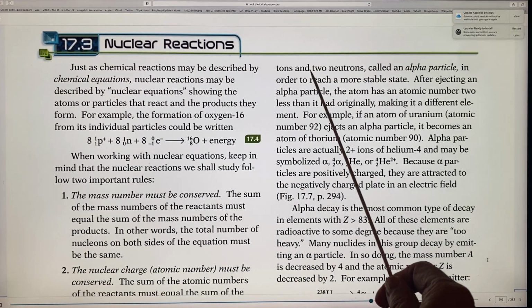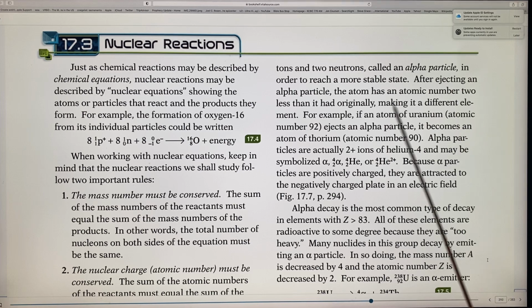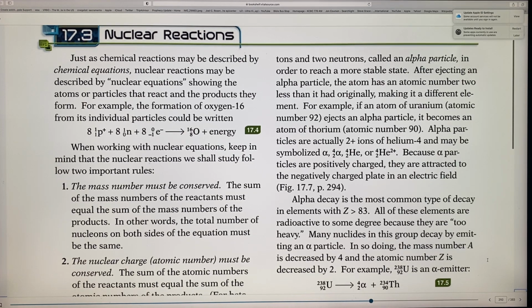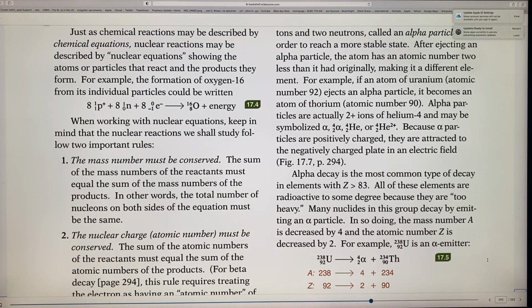So 2 protons and 2 neutrons are called an alpha particle. They're just getting rid of a particle, especially when you have really heavy nuclei and heavy atoms like uranium. An alpha particle is shot off because the atom wants to be stable, so it shoots off this particle, emitting this radioactive decay.